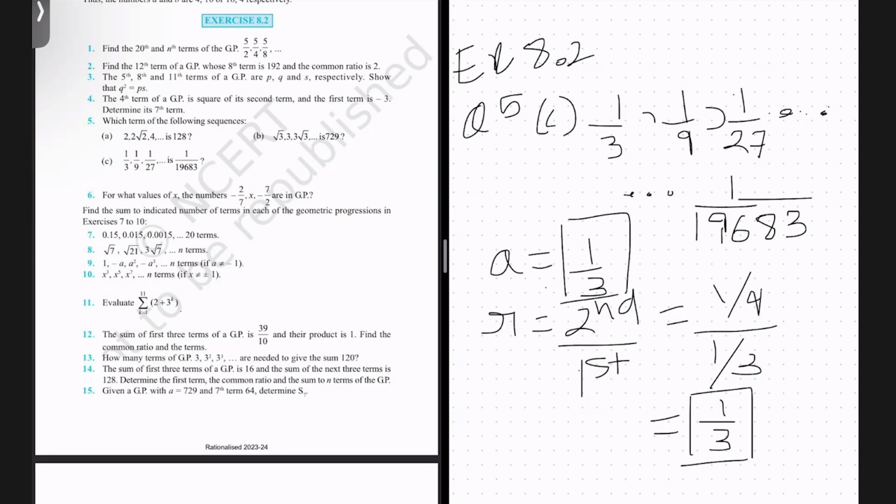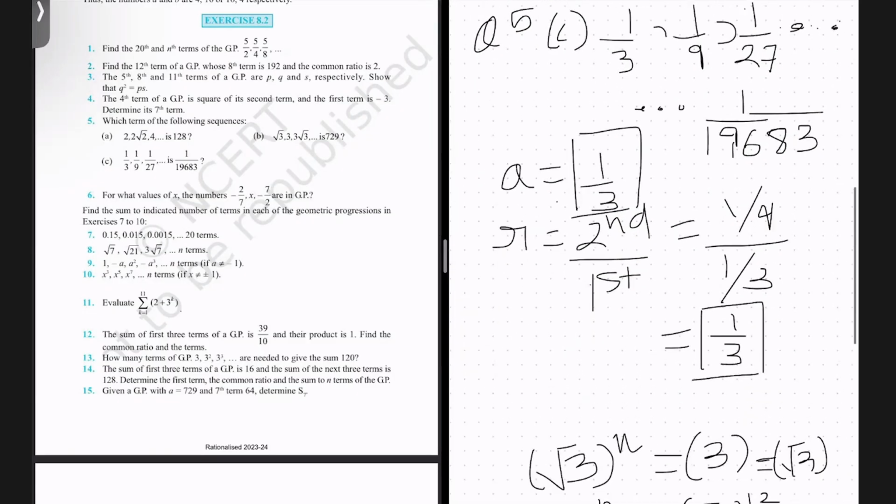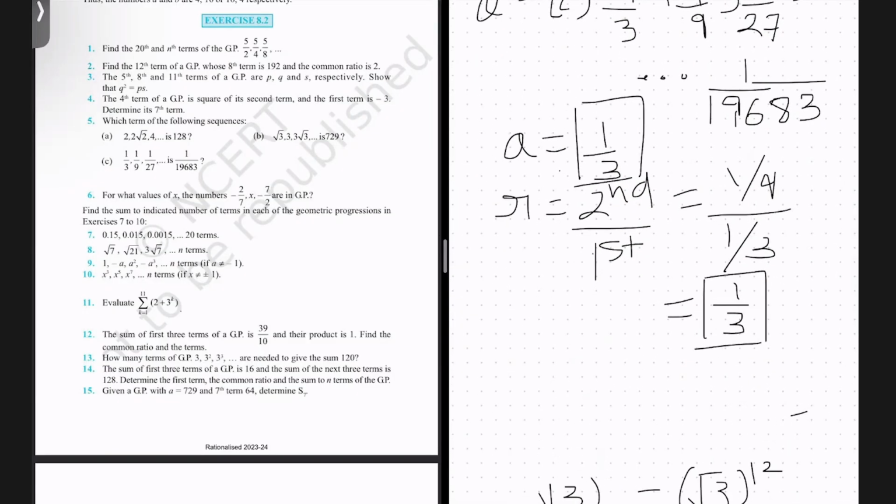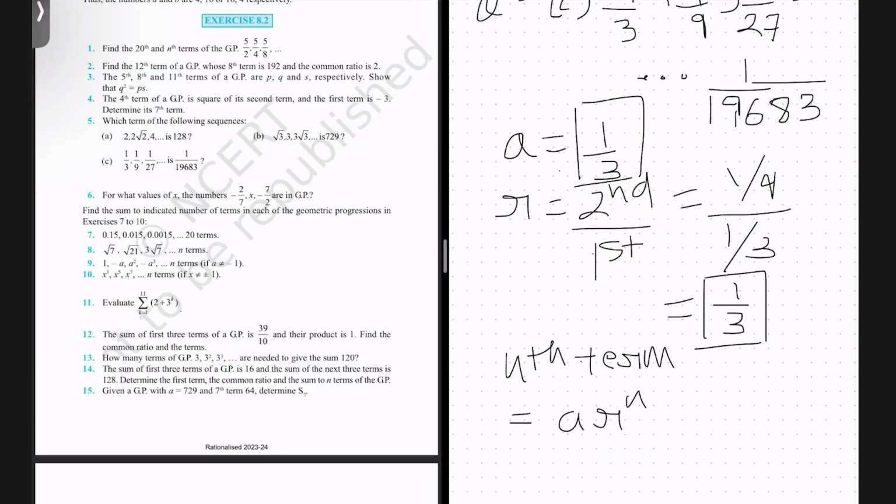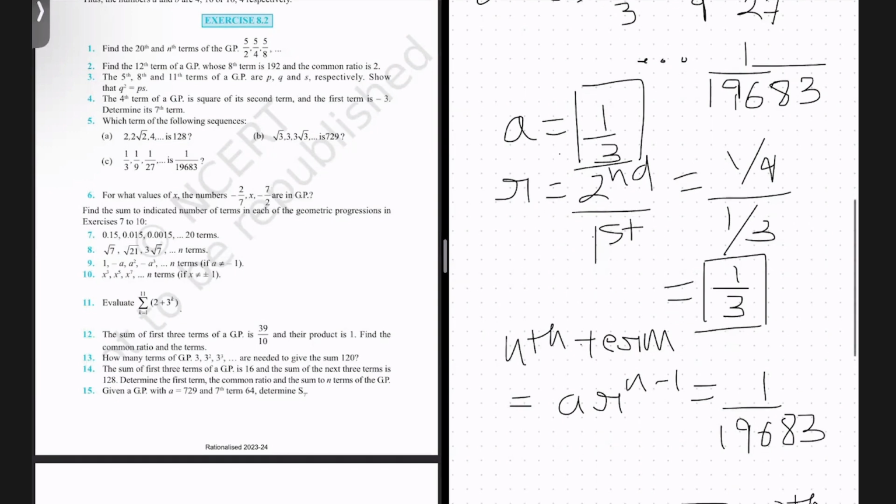The nth term of this sequence has been given to us as 19683. So solving that, the nth term can be expressed as a r raised to the power n minus 1, and that has been given to us as 1 upon 19683. Correct.